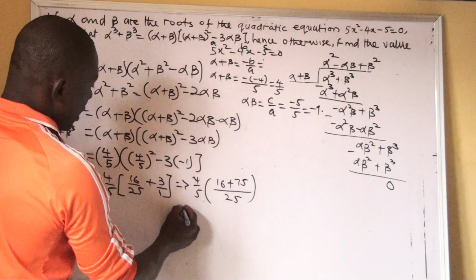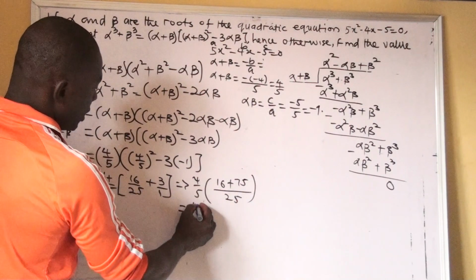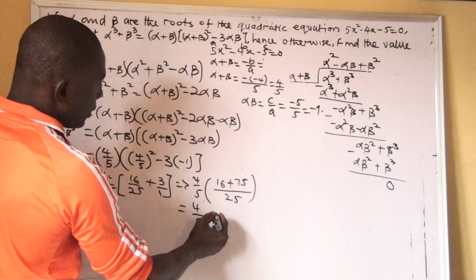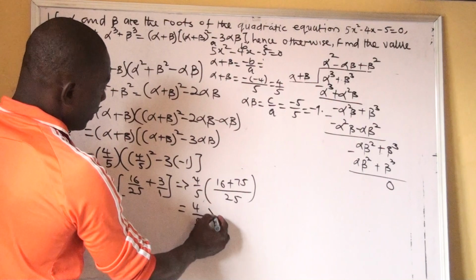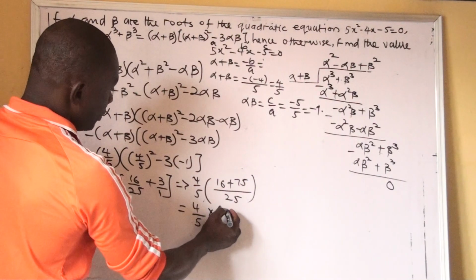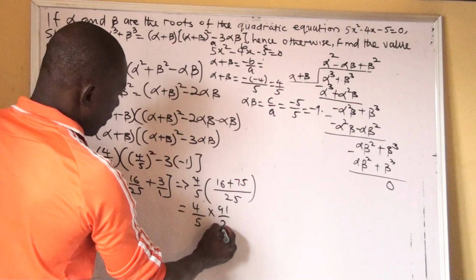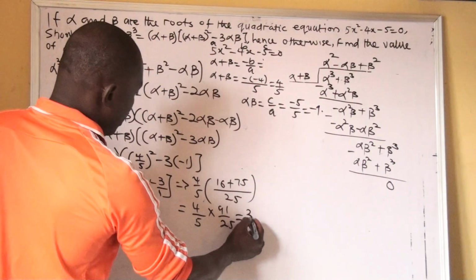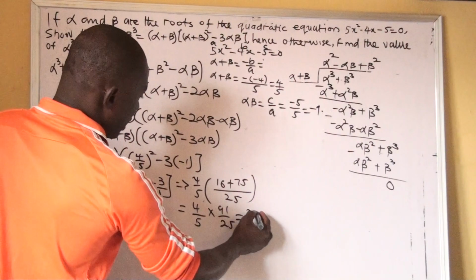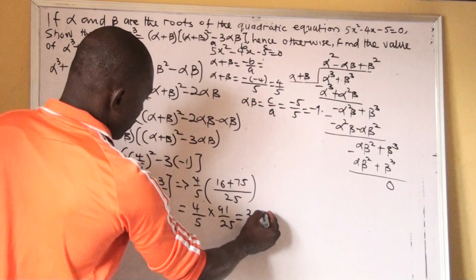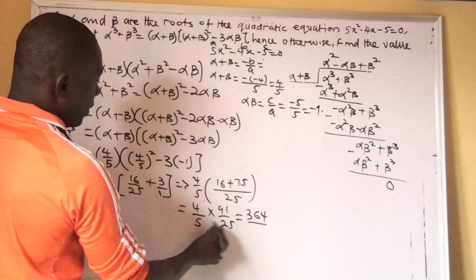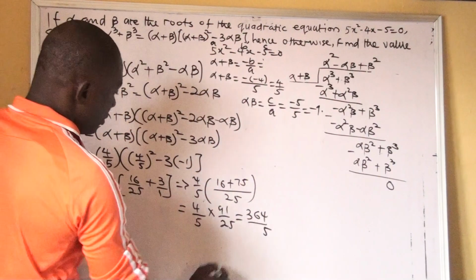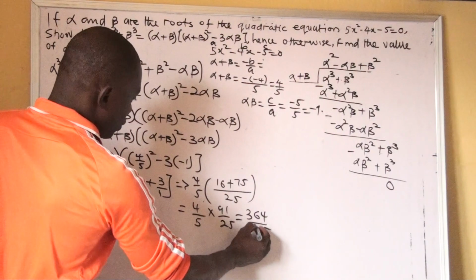Okay, here we move further. We see 4/5 times this. 16 plus 75 will give us 91/25. So by the time we do this, it will give us 364 over, this time, 5 times 25 is 125.